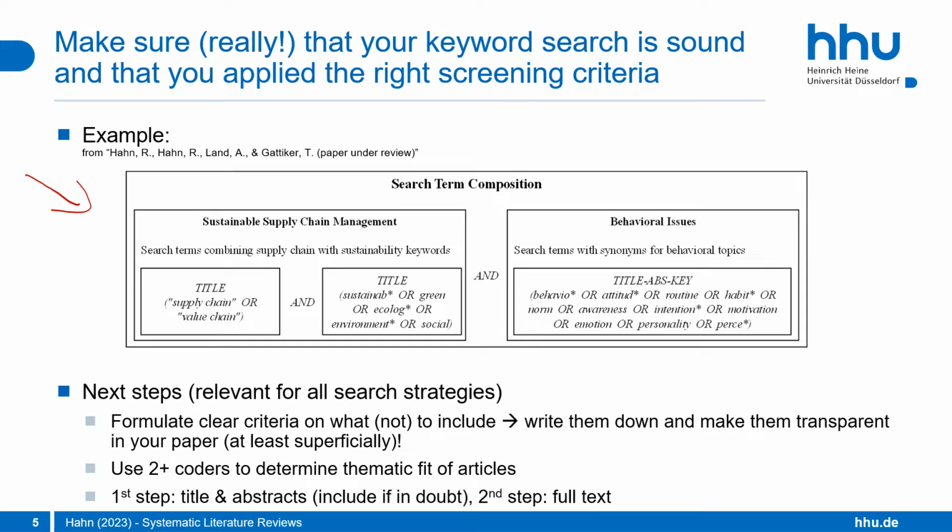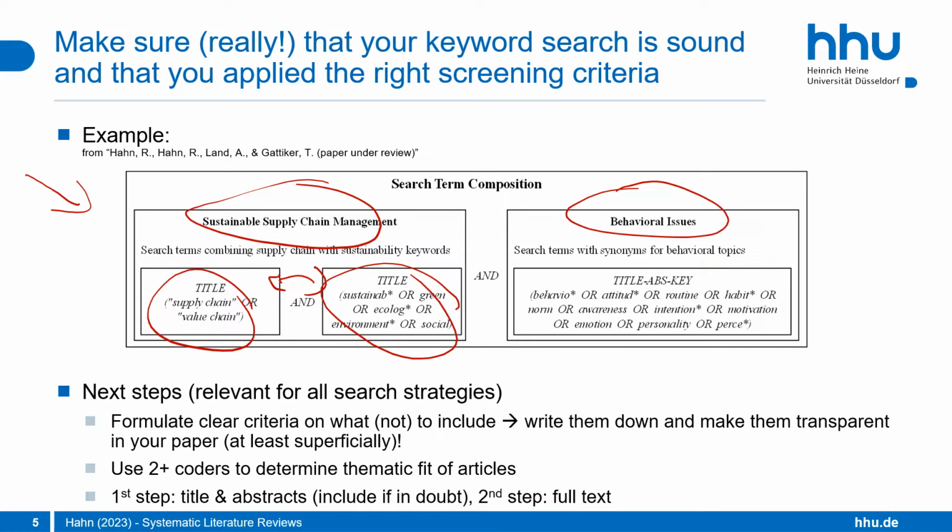The first one was to identify literature on sustainable supply chain management, and for that we combined supply chain with the sustainability aspects in a title search. And we added the behavioral issues in a title, abstract, keyword search, which has many synonyms for behavioral topics and so on. That combined was the search term for this specific literature review.